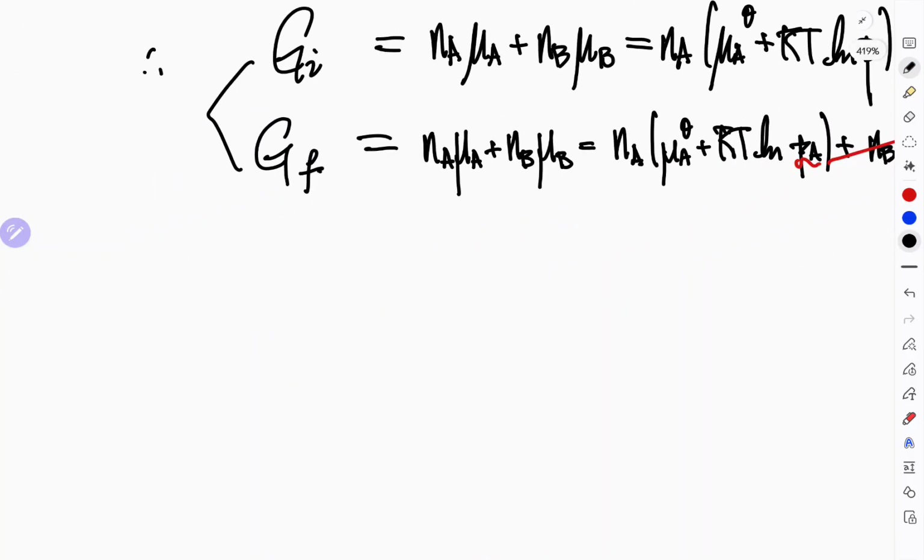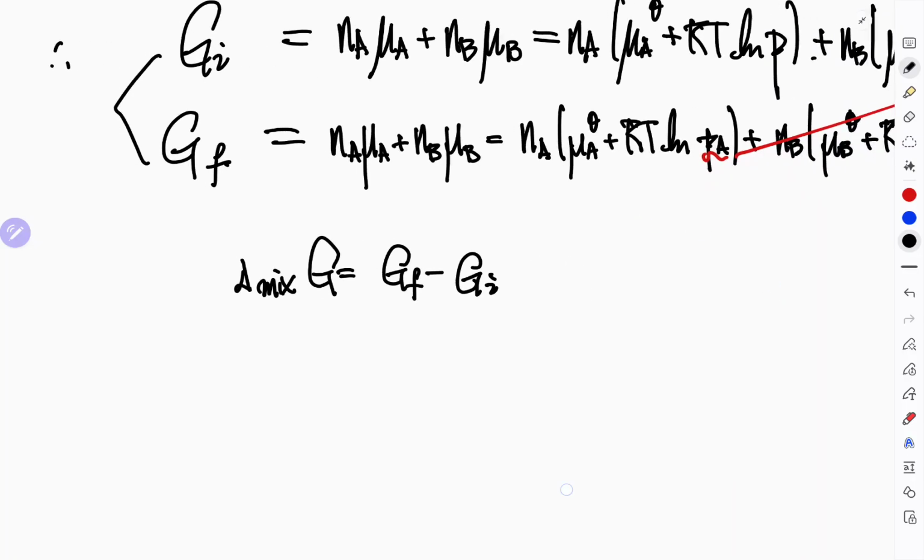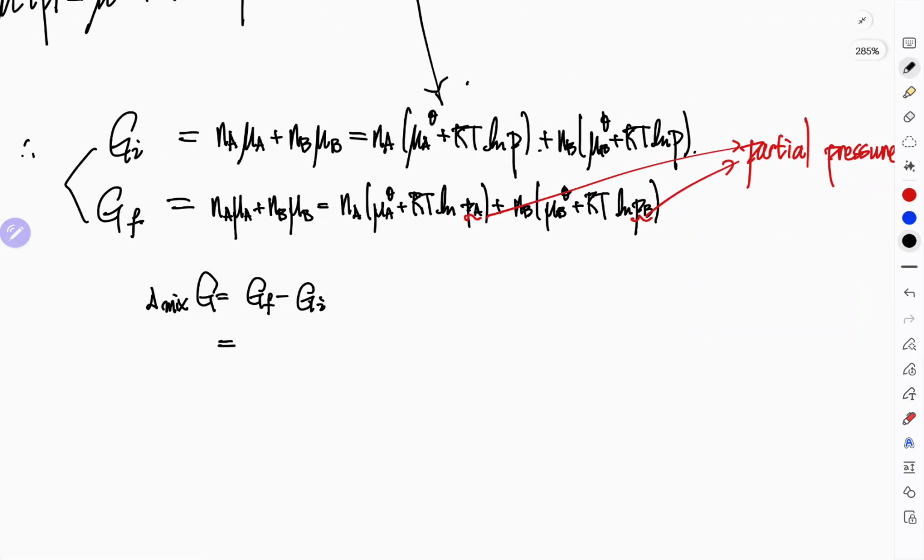You can see this will be removed, and the left-hand side is some kind of expression for the pressure. So we can write nA RT ln(pA/p) plus nB RT ln(pB/p).